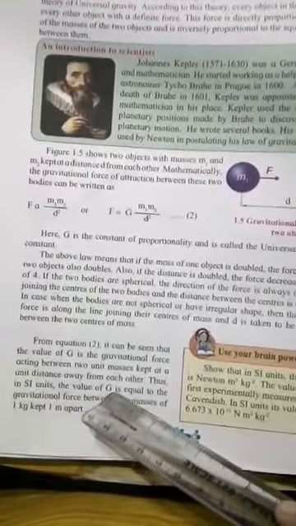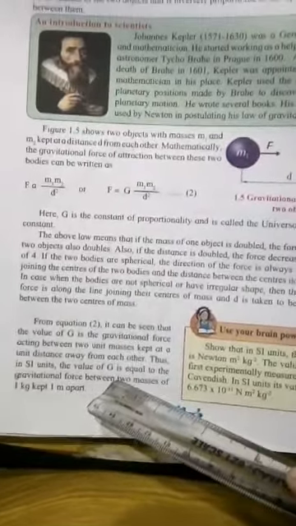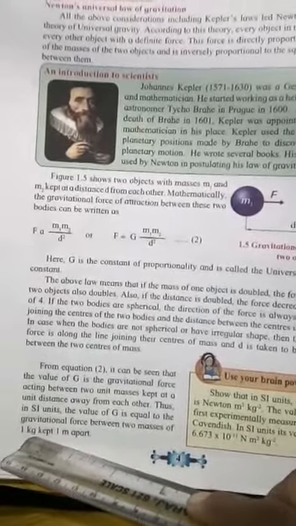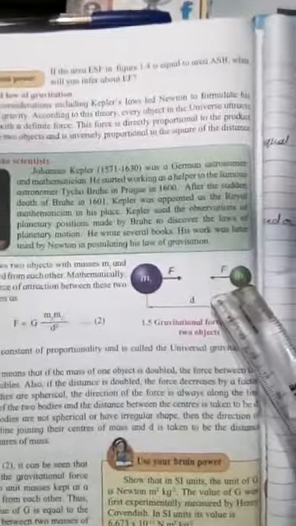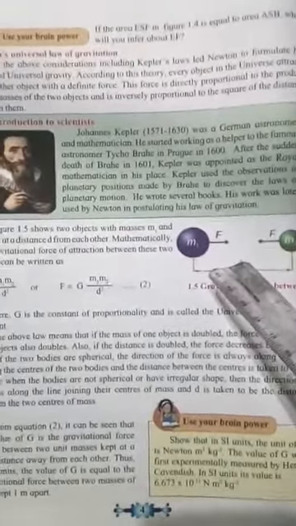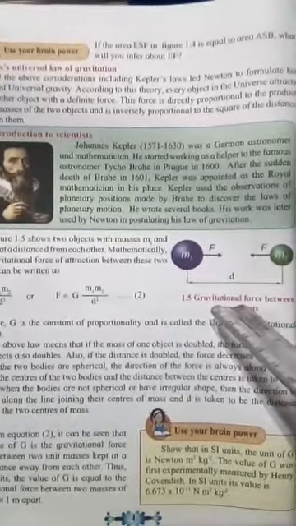Thus, in SI units, the value of G is equal to the gravitational force between two masses of 1 kg kept 1 meter apart. Means the mass of one object is 1 kg and the other is also 1 kg. Then the distance between the two objects is 1 meter.